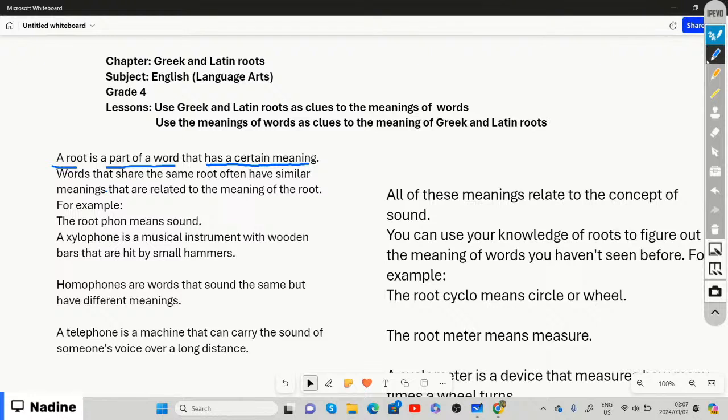For example, phone means sound, which is spelled PHON. Either way, it means sound.